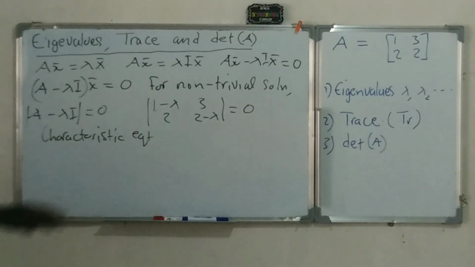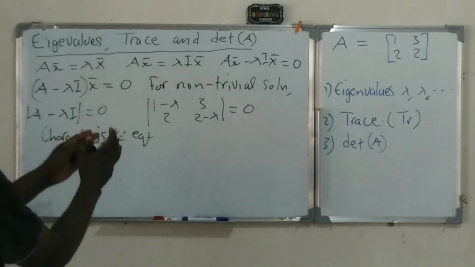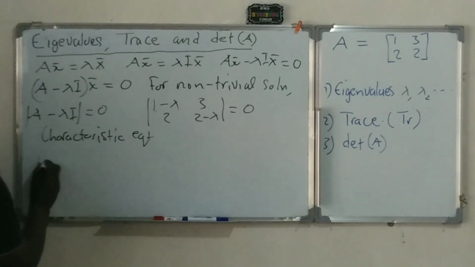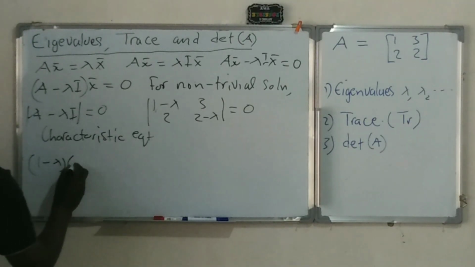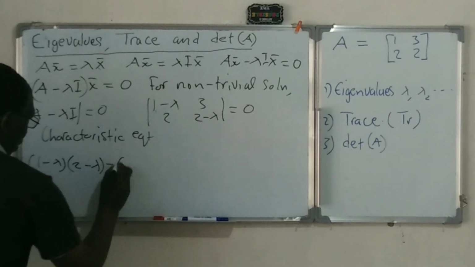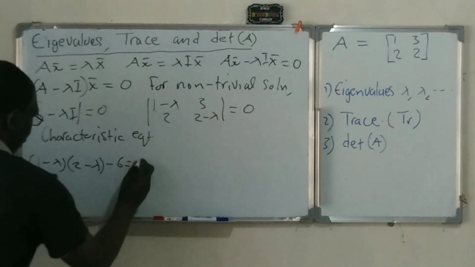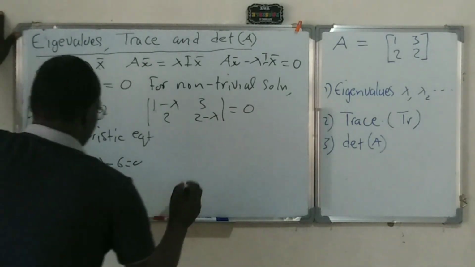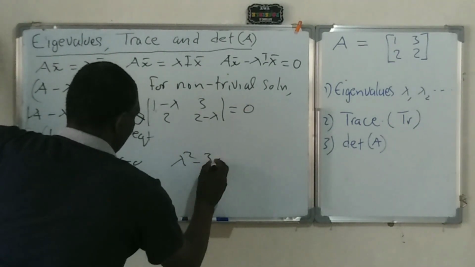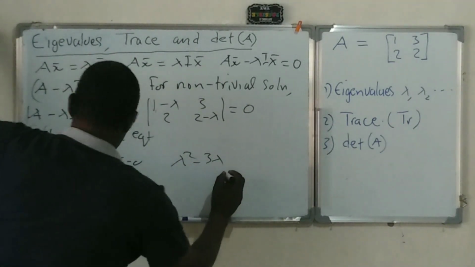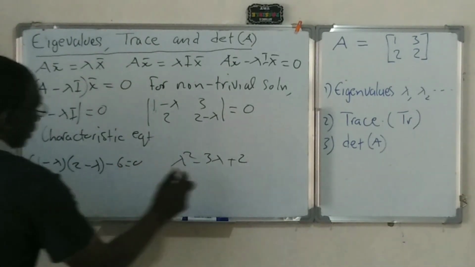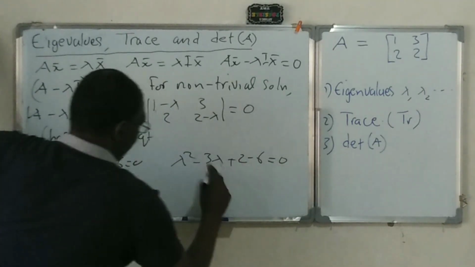Now, if this is equal to 0, let's expand the determinant. We have (1 minus lambda) multiplied by (2 minus lambda) minus 2 times 3, which is 6, is equal to 0. This can also be written as lambda squared minus 3 lambda, plus 1 times 2, which is 2, minus this 6 is equal to 0.